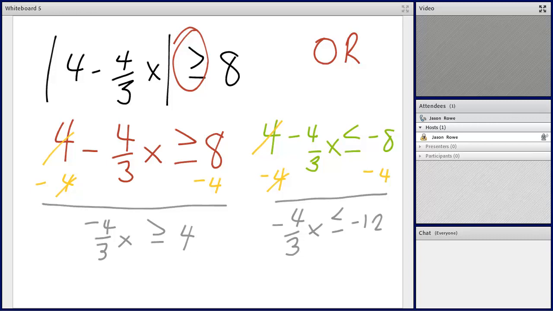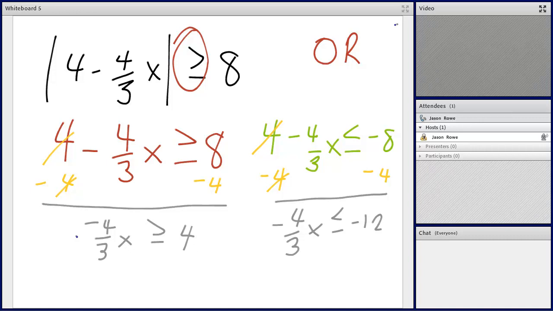Okay, now I got this fraction. We got to get rid of that fraction. But luckily, there's an easy one-step process to get rid of that fraction. We've got to multiply both sides by the reciprocal.